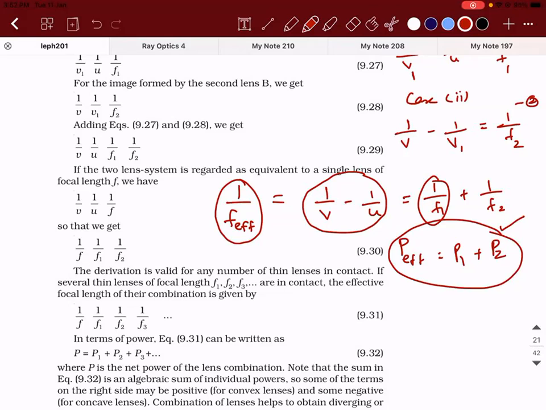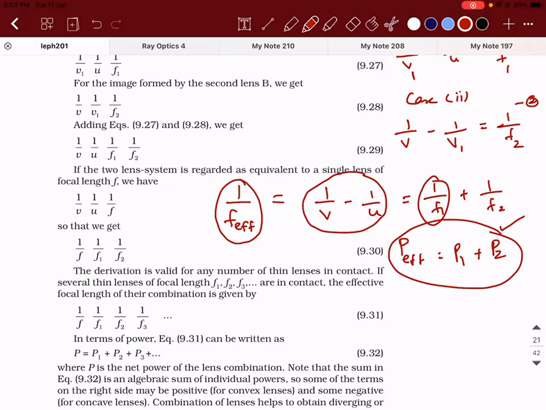So to put it in simple terms, if the lenses are kept in contact with each other and you know the focal length of each lens, then you need to calculate the effective power by adding the individual powers of all the lenses put together with proper sign convention.